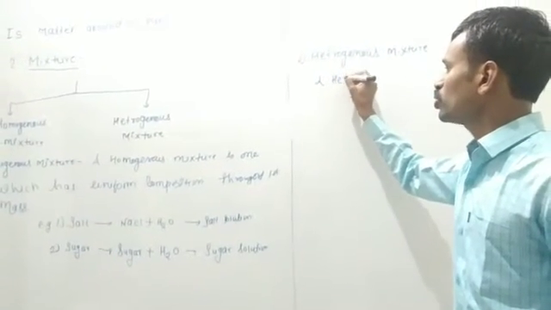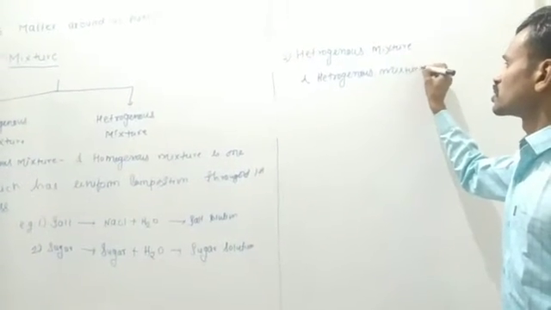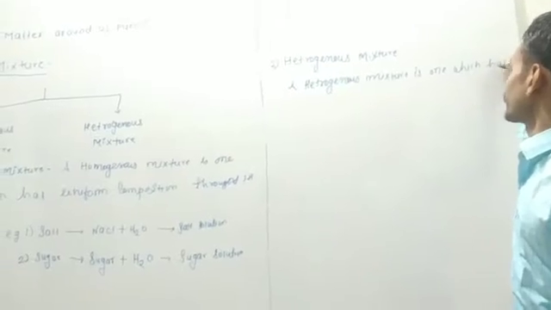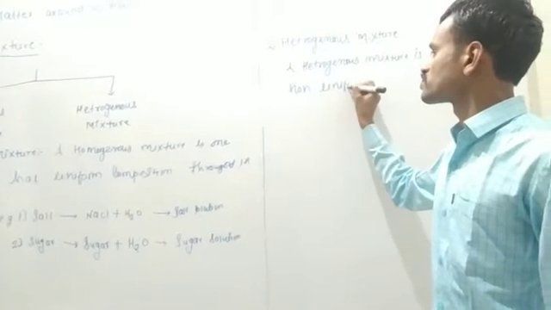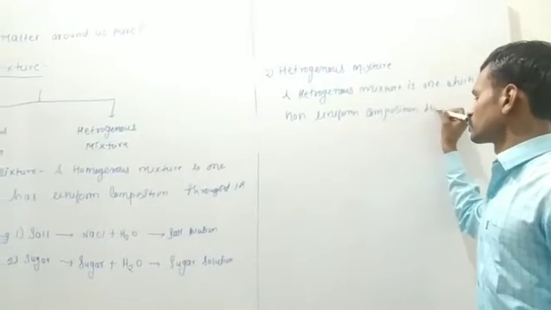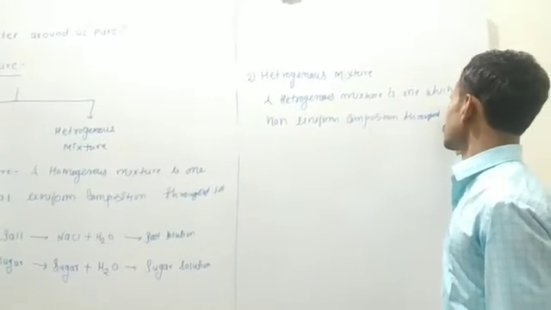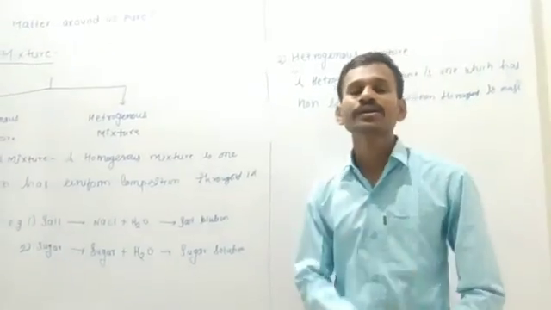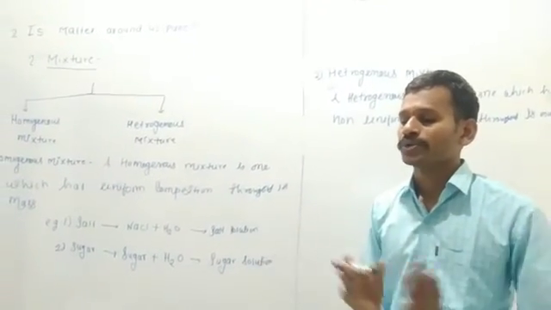A heterogeneous mixture is one which has, in place of uniform, a non-uniform composition throughout its mass. This type of mixture is called heterogeneous. In the earlier case it is uniform, and in this case it is non-uniform.